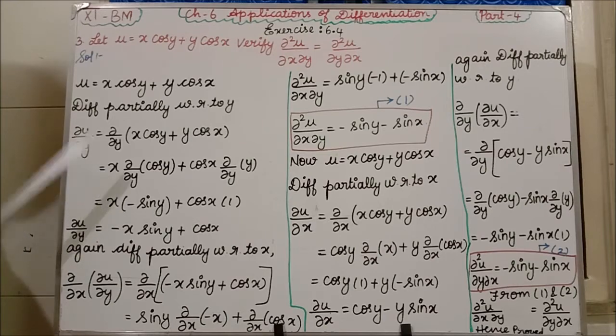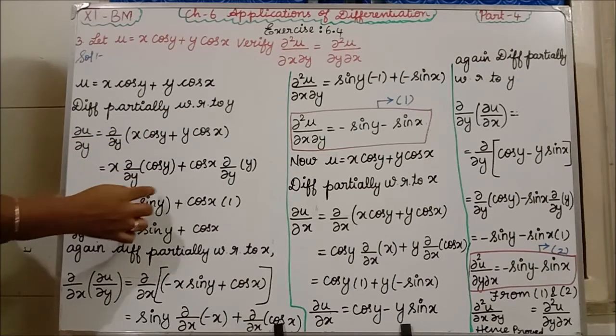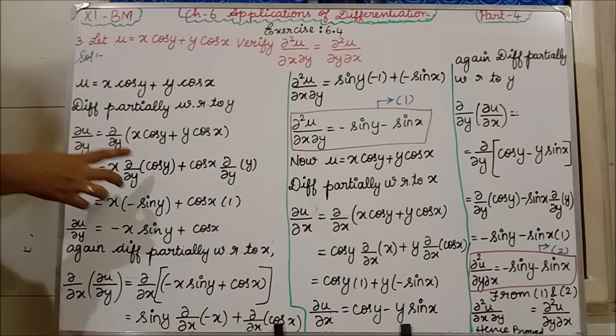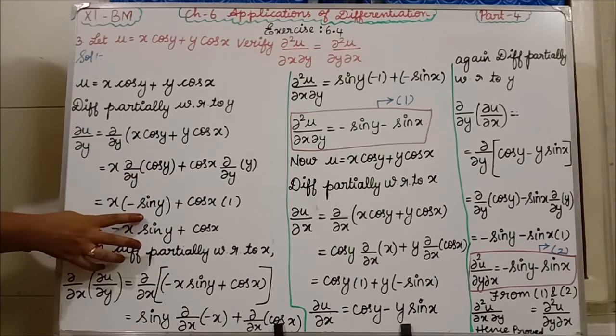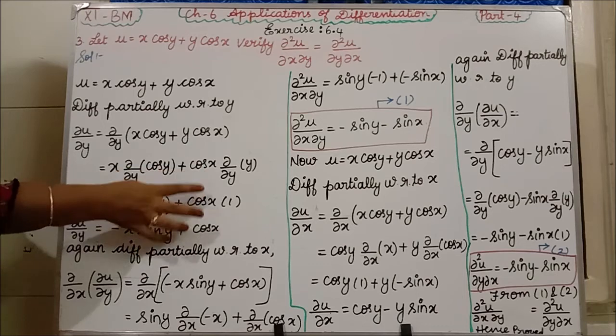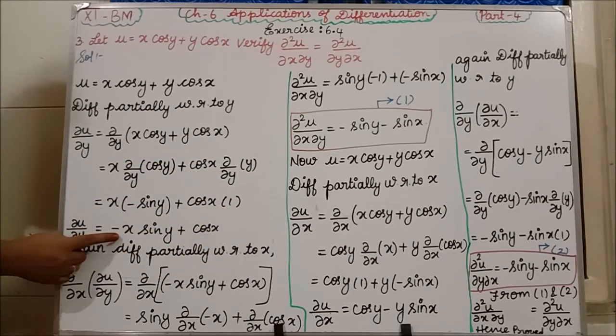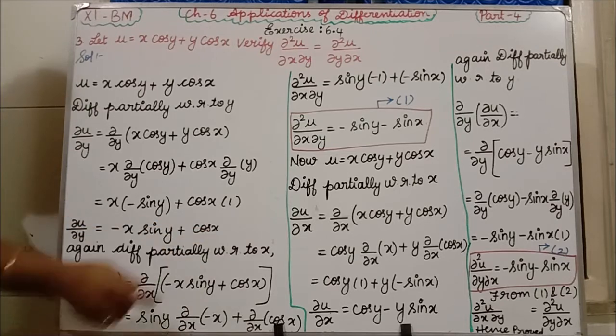Clear? So x into, if you are differentiating cos, what will you get? In the 5th chapter we have learned, differentiating cos x gives minus sin x, and differentiating sin x gives positive cos x. So differentiating cos y we get minus sin y plus cos x. Differentiating y we get 1. So minus x sin y plus cos x.